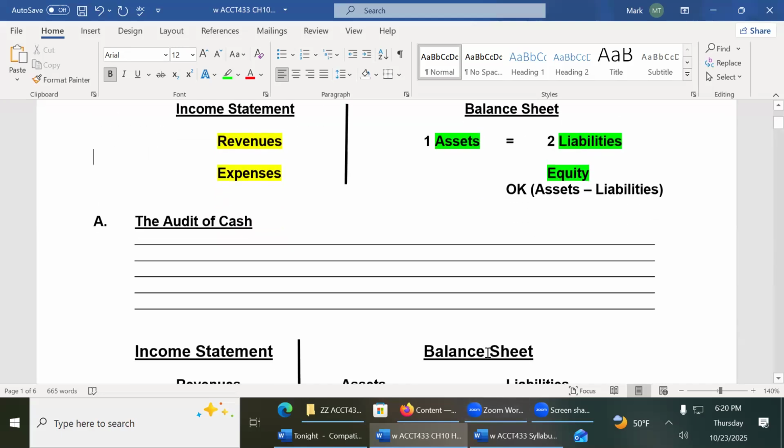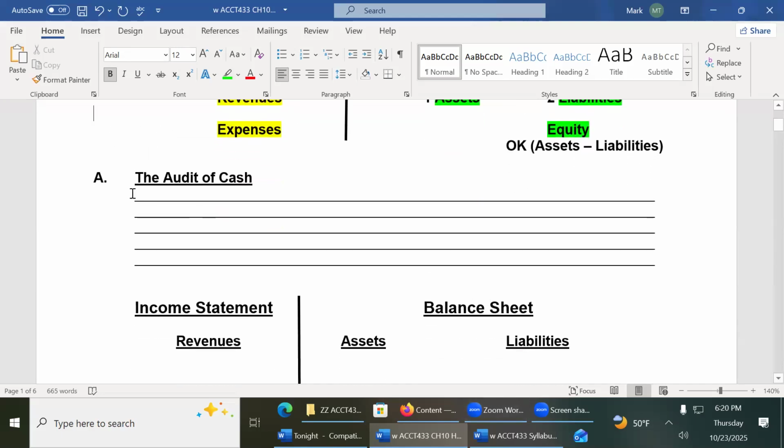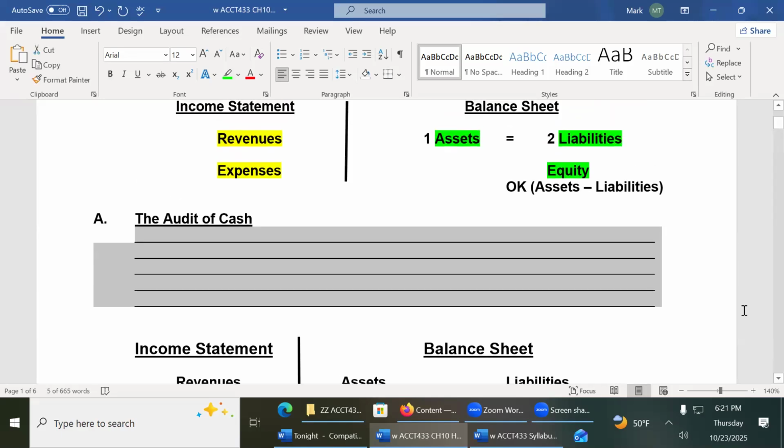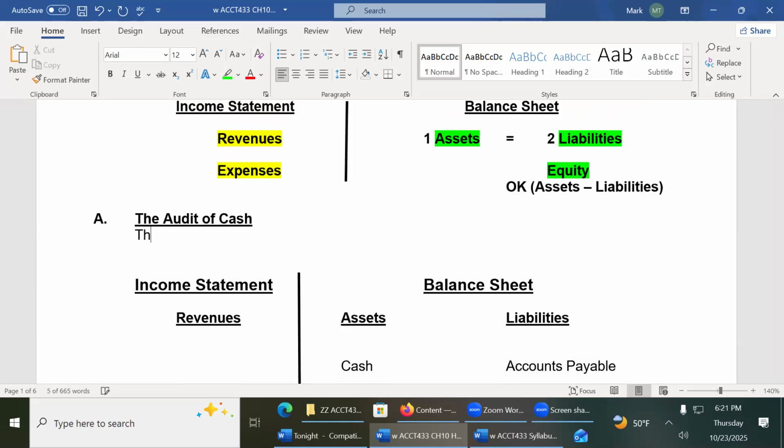So let's see how this affects cash and what we do with it. The audit of cash. The cash account is often not material.